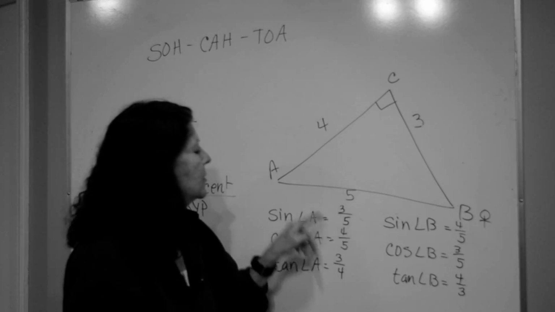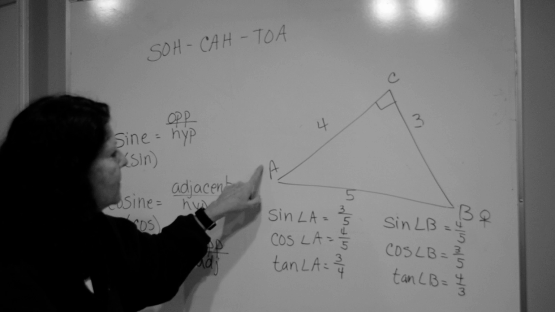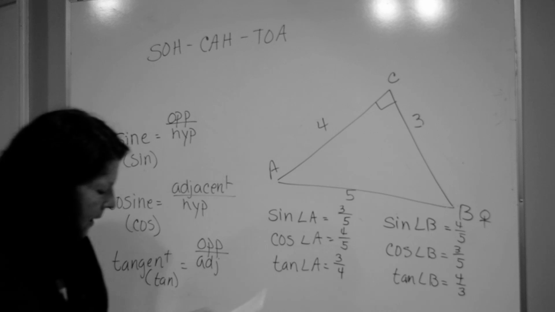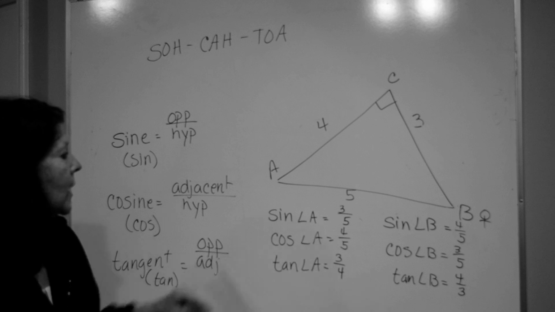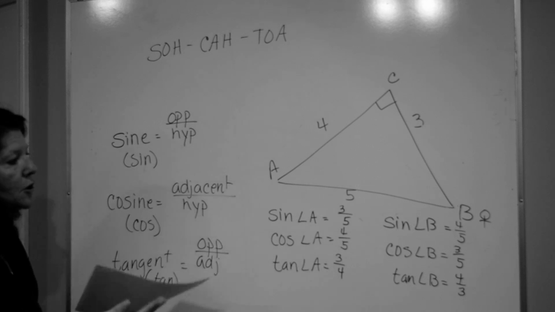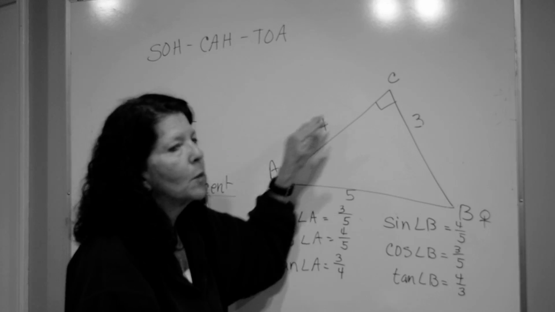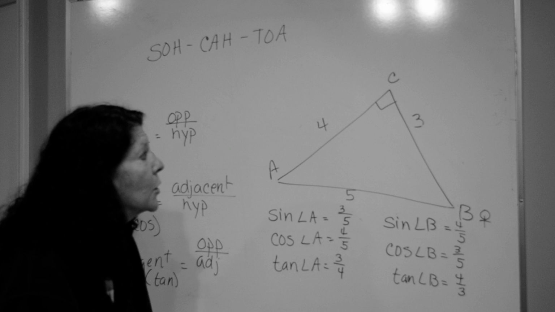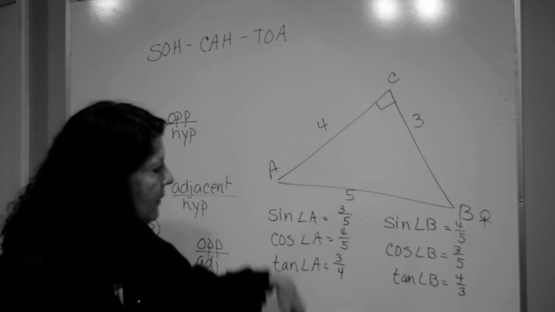They're never going to ask you for these based on the right angle. You'll always be at one of the other two angles. So you should be able to do this for any triangle that you have. If they asked you what the sine, the cosine of the angle is, you should be able to come up with it. Sometimes they give you two values of a right triangle, and you have to find the third side by using Pythagorean theorem before you can ever do any of this.